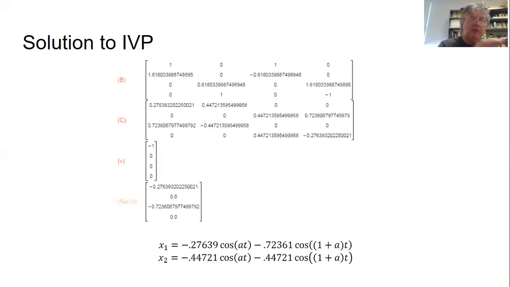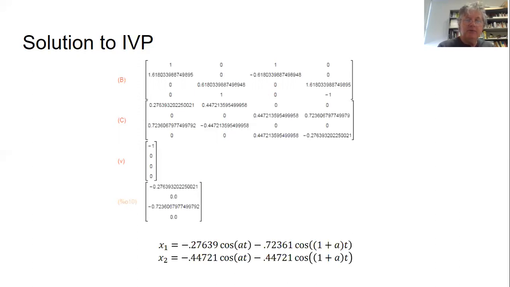And we multiply it by our vector of initial values, and we see that C2 and C4 is 0, and so just cos functions are involved.